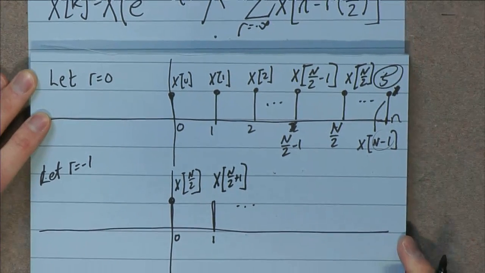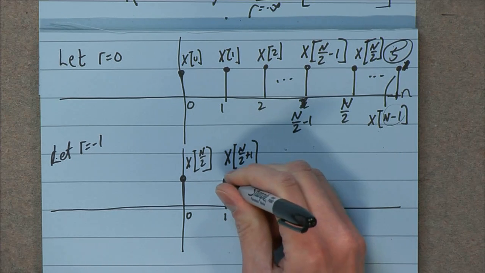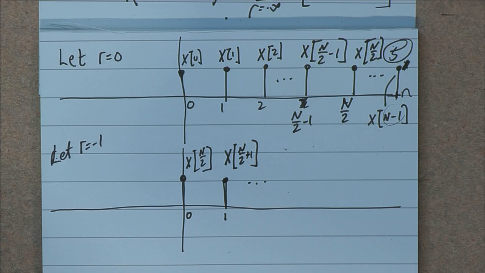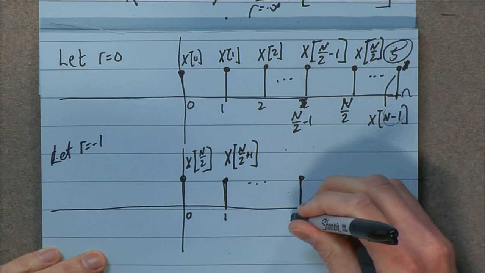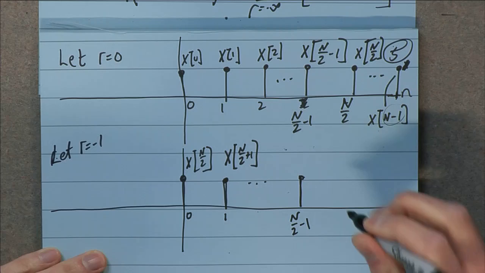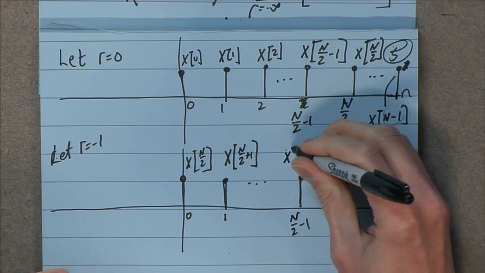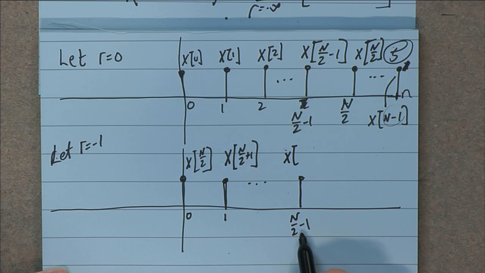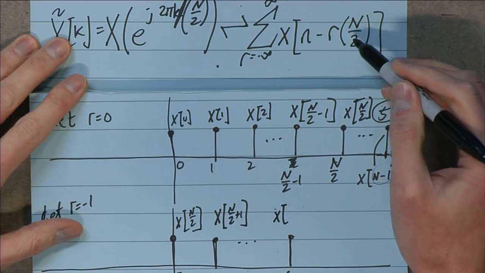And let's pull that up a little bit. And let's go all the way out to n over 2 minus 1. So that's going to be, the n over 2 minus 1 is n, which is going to be right here, plus n over 2.